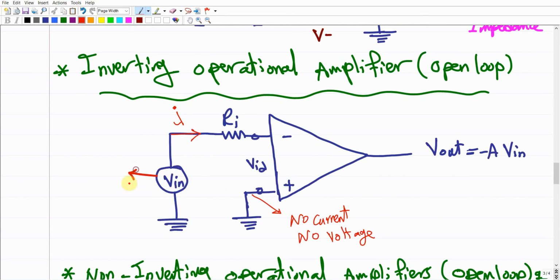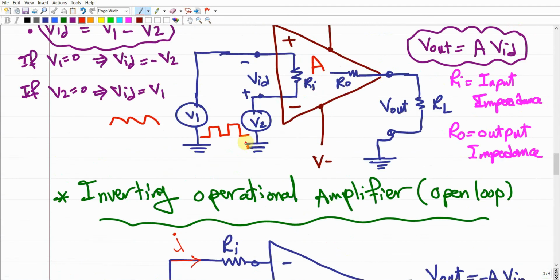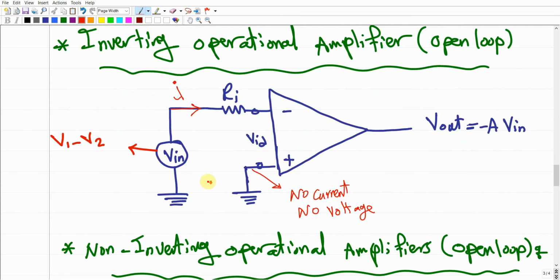This total input signal should be the difference V1 negative V2, and no voltage is going to be delivered through this branch. It's going to be identical to this case. It looks like you just calculated the difference between V1 and V2, delivered this difference through one branch, and put the other branch equal to 0. You're still delivering the same differential signal that should be delivered as input to the amplifier.